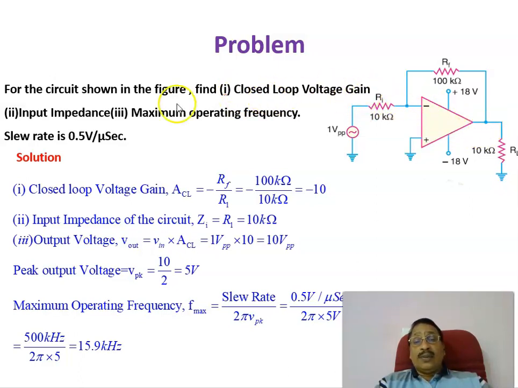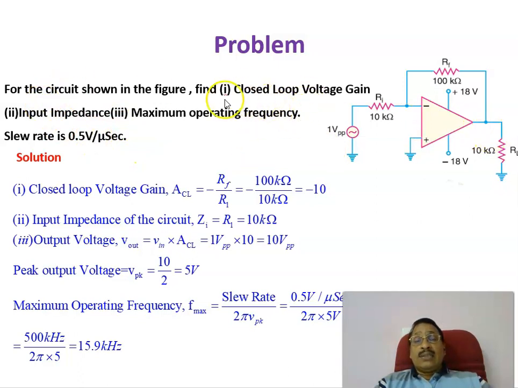Second, what is the input impedance? Third, what is the maximum frequency of the input signal for this inverting amplifier? The slew rate of this IC 741 is given as 0.5 volt per microsecond. These are the data given.